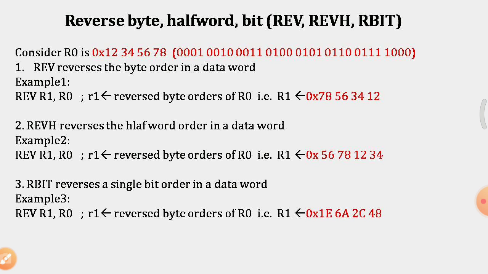See that the R1 78, 0x78 is the lowest byte of R0. 56 is the second lowest byte of the R0. 34 is the third lowest byte of the R0, and 12 is the highest byte of R0.